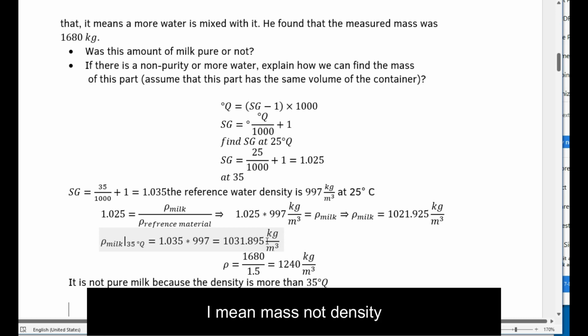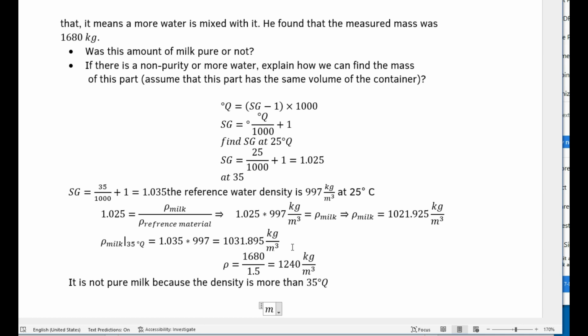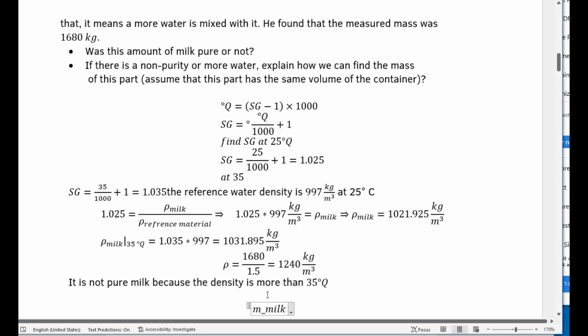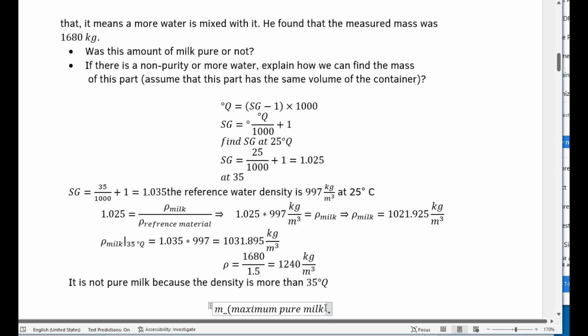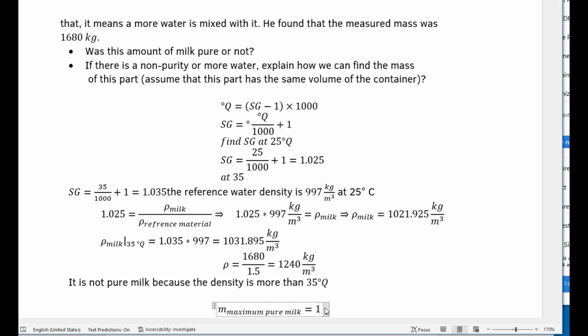Simply we find the mass of the maximum pure milk, 1031.89 multiplied by 1.5 cubic meters, which is 1547.842 kilograms.